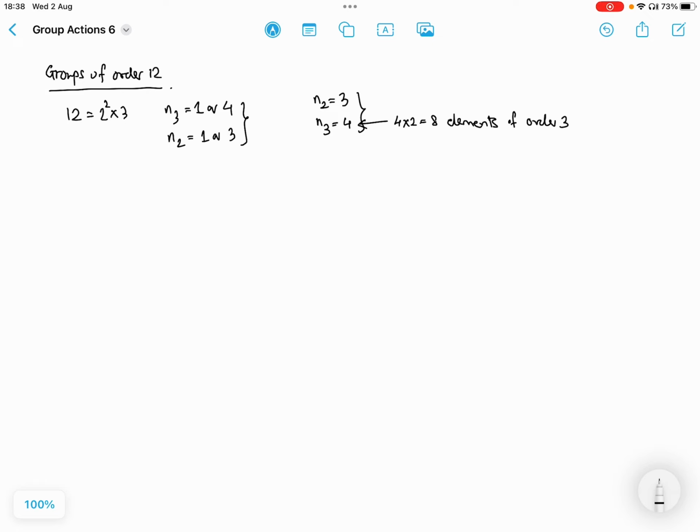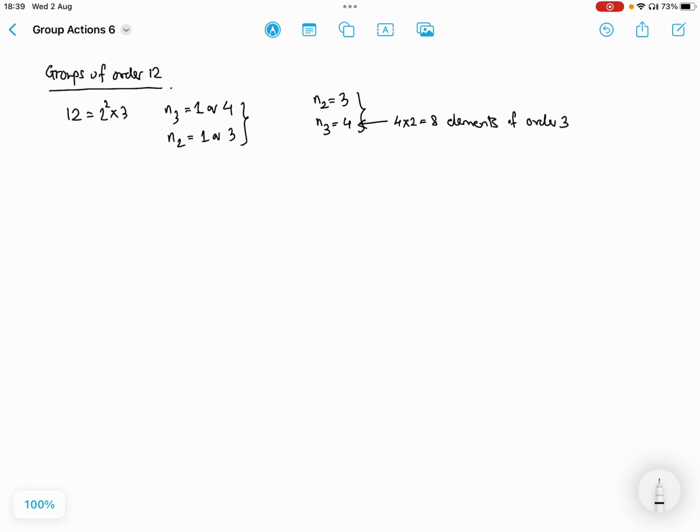Any group of order 3 has two elements of that order, and all those subgroups must be distinct, because any two subgroups of order 3 either intersect only at the identity or they are the same. So because here we have four distinct subgroups, we get 4 times 2, that is 8 elements of order 3.